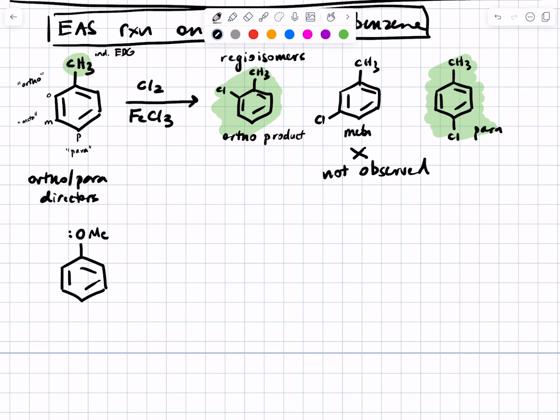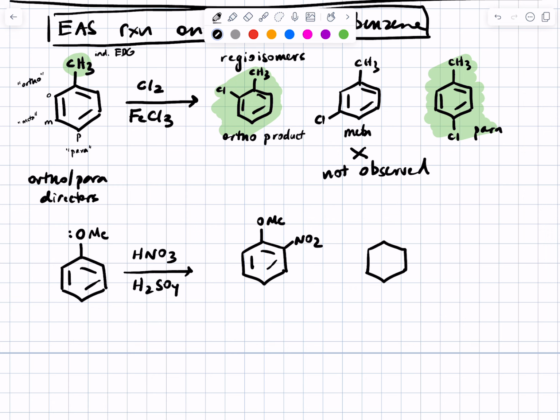We haven't learned yet how to put that there, and we won't actually until after the second exam. But suppose you did an aryl nitration reaction where you install a nitro group. Again, we would expect to see as products the ortho nitro group and the para nitro group, and we would not expect to see any of the meta isomer.